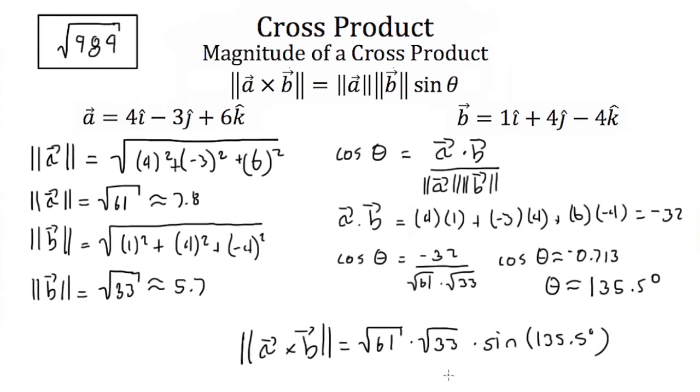This should come out to be about 31.45, and this is exactly what the square root of 989 is equal to. So if you ever want the magnitude of the cross product of two vectors, you can either find the cross product and then find the magnitude, or if you know the angle in between these two vectors, it's probably easiest to take the magnitude of each vector and multiply it by the sine of that angle.